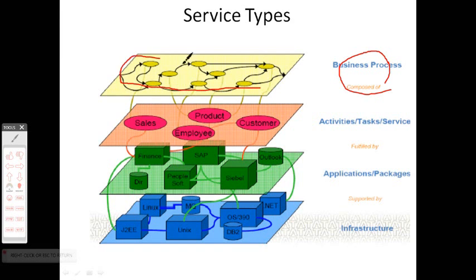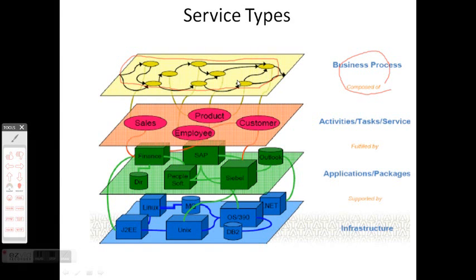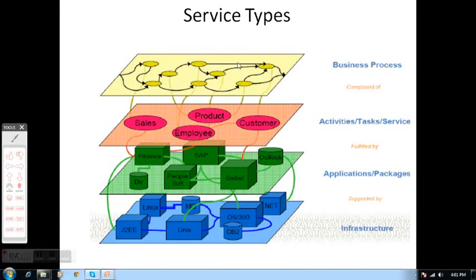Here we can see the idea of service layering based on the service types. Again, as we mentioned before, on the top we have our business processes. This is one business process that represents a unit of functionality, a complex functionality in our organization.